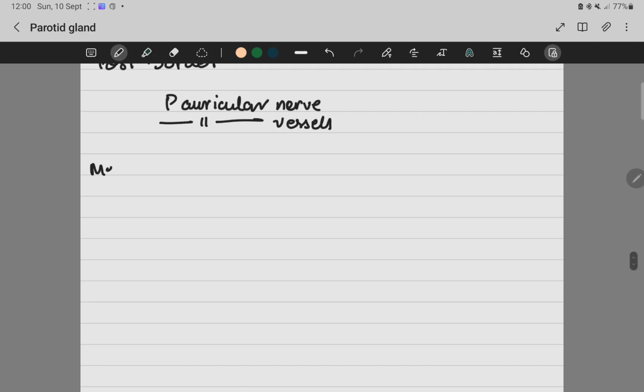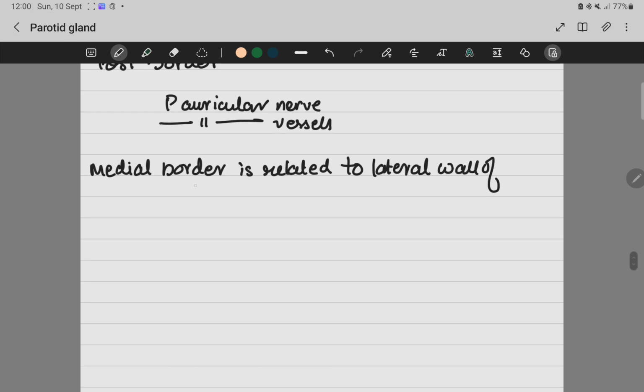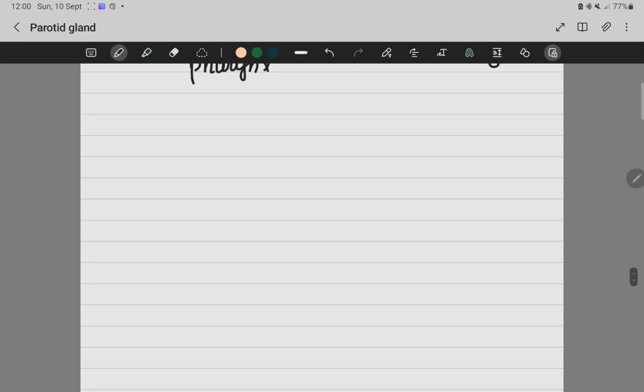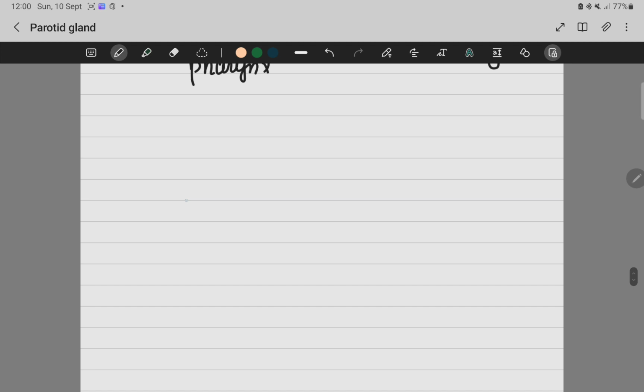The medial border is related to the lateral wall of pharynx. We'll draw a diagram and see the relations.